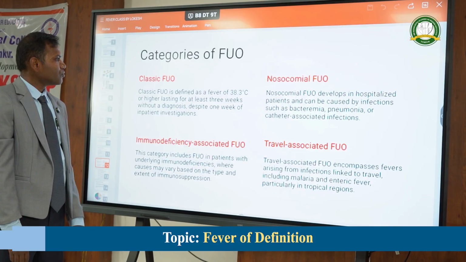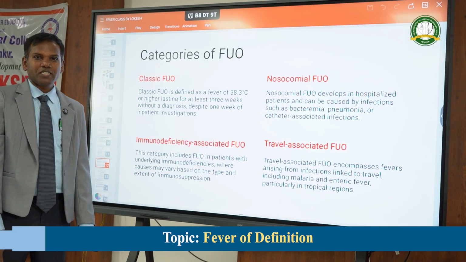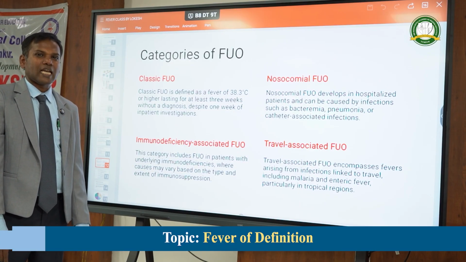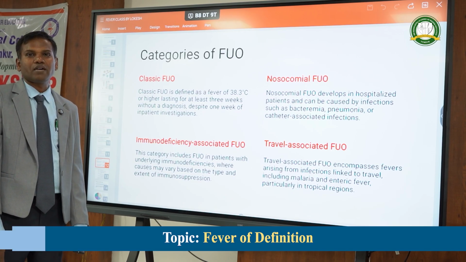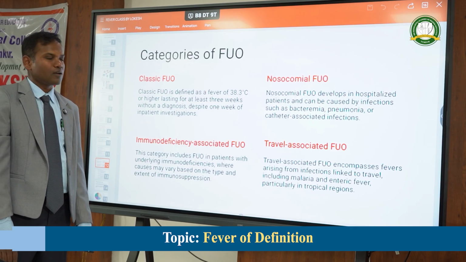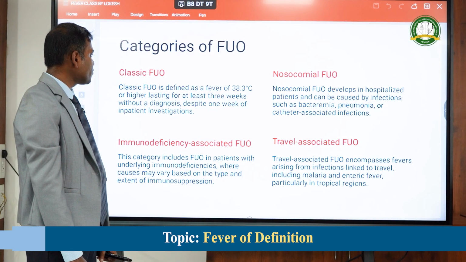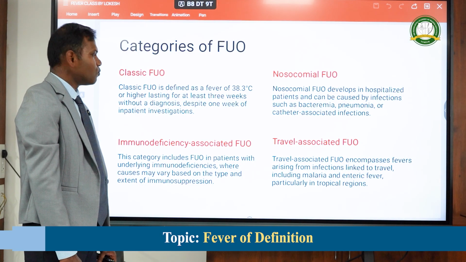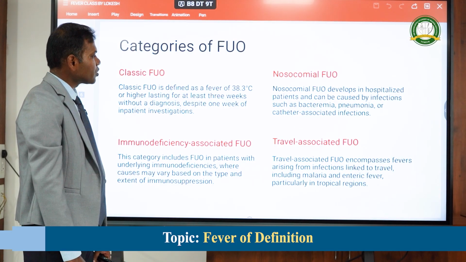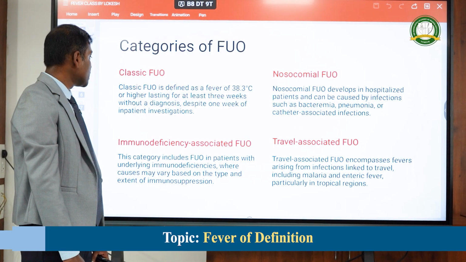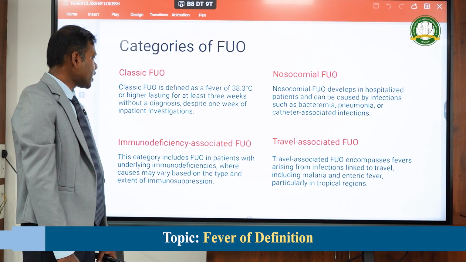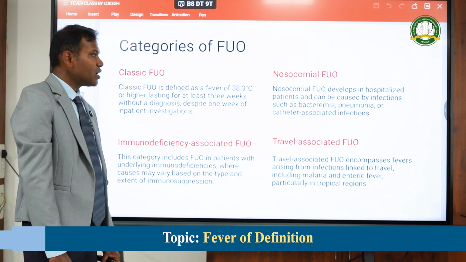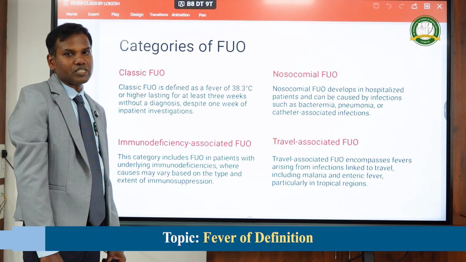Categories of FUO. We have 4 categories of pyrexia of unknown origin: classical pyrexia of unknown origin, nosocomial, immunodeficiency associated, and travel associated fever of unknown origin. Classic FUO is defined as a temperature equal to or more than 38.3 degrees centigrade lasting for at least 3 weeks without a diagnosis despite 1 week of inpatient investigation.